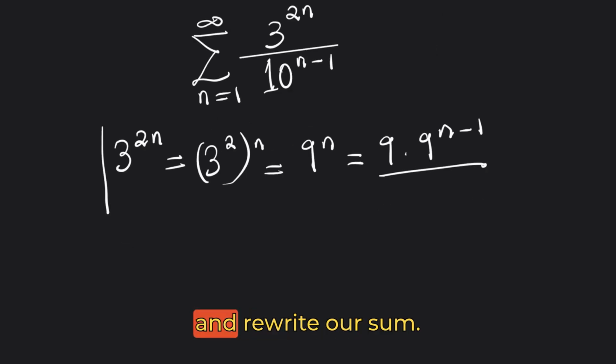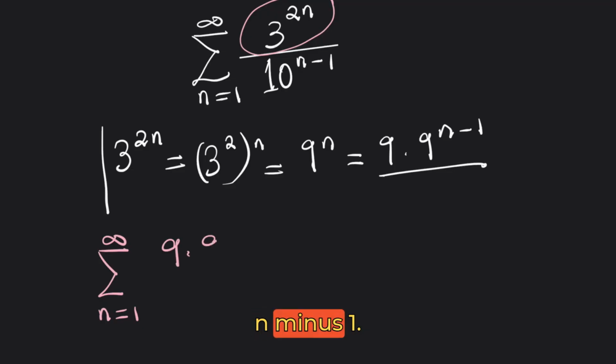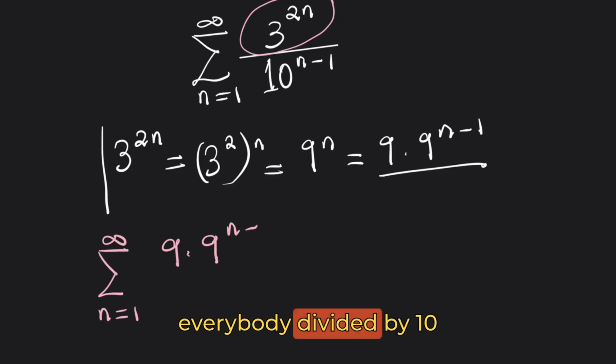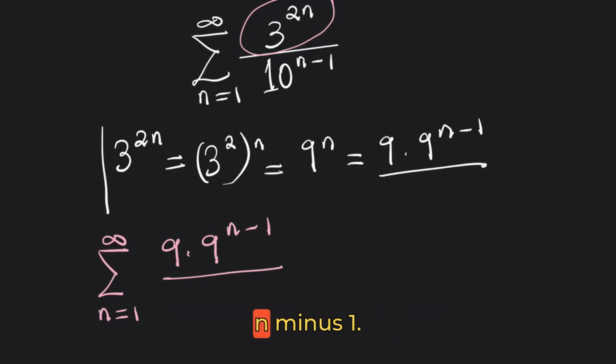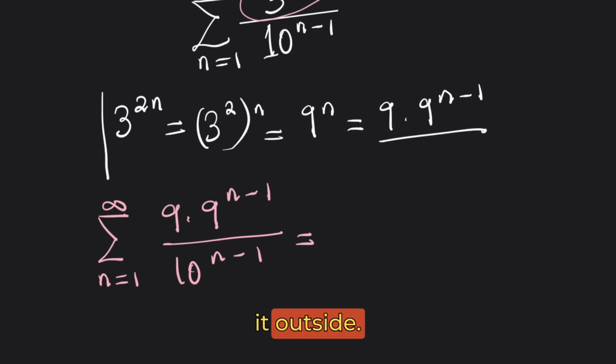Now we can go ahead and rewrite our sum. So n is equal to 1 to infinity. So 3 to the power 2n becomes 9 multiplied by 9 to the power n minus 1, then everybody divided by 10 to the power n minus 1. Okay, so 9 is just a constant, so we can just write it outside.